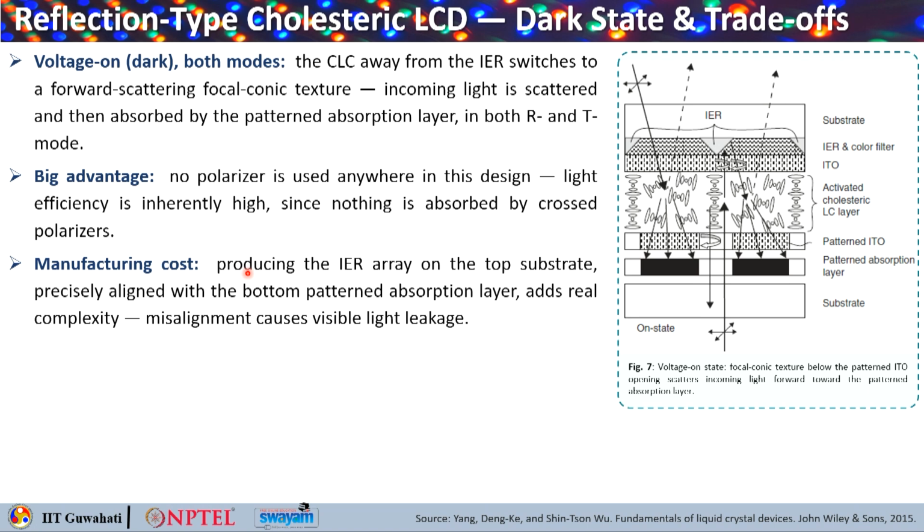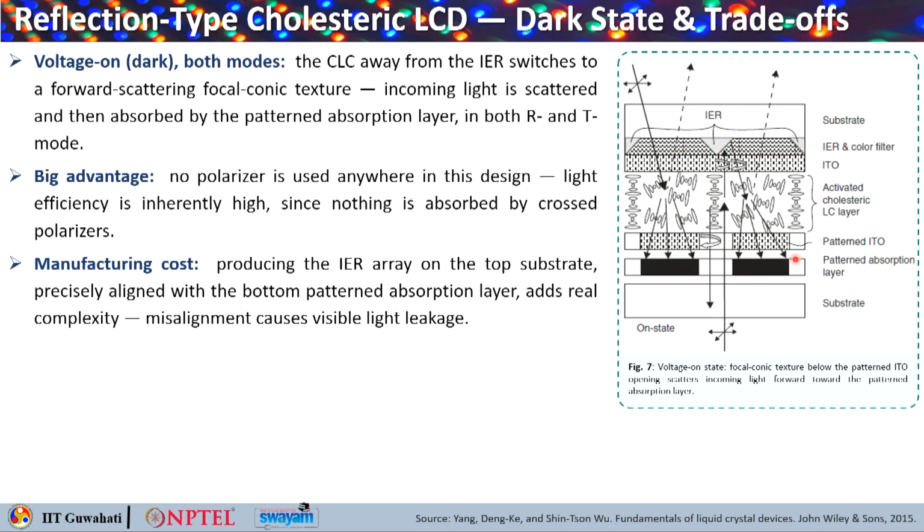Okay, now consider the manufacturing cost. It is challenging to produce these IER patterns precisely and align them pixel by pixel with the patterned absorption layer on the other substrate. You need to make it like that.